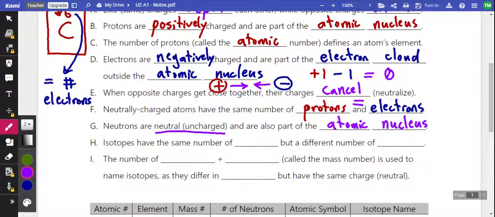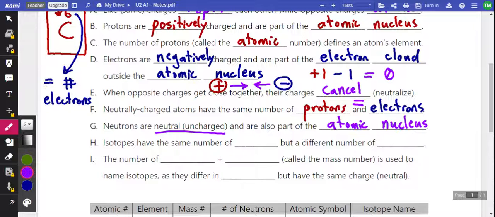I can have a version of carbon that has 6 neutrons, like its 6 protons, but it could also have 7, or it could have 8, and that atom can still be relatively stable. When we get into nuclear chemistry, later on in this unit, we'll talk about some of the other specifics of this, where we can tell why something is not stable from the nucleus. But for now, we'll leave it at that.